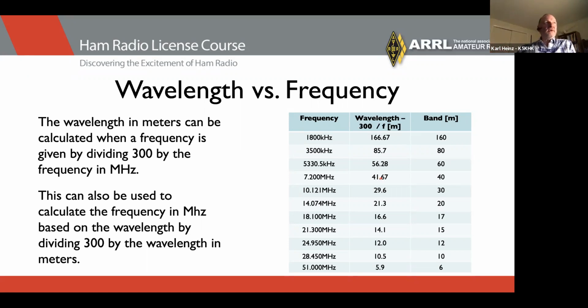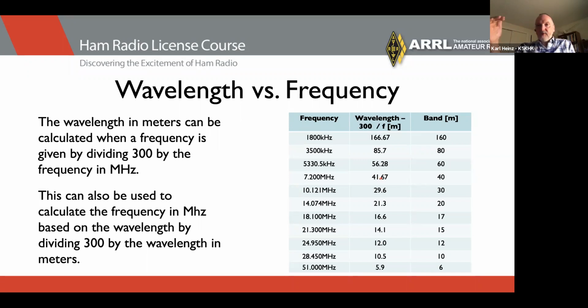Now, one thing you may notice is that with some of these bands, we have a relationship. We have the 160, we have 80, 40, 20, 10. So it's always half of what we started out with. We start out with 160, then comes 80, which is half. Also happens to be twice the frequency.